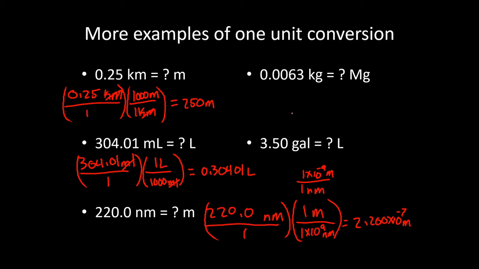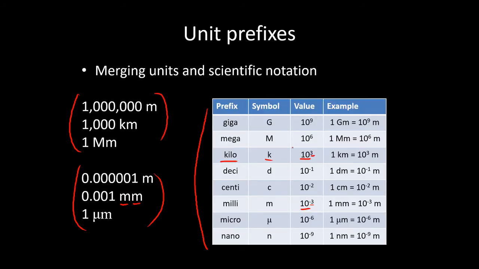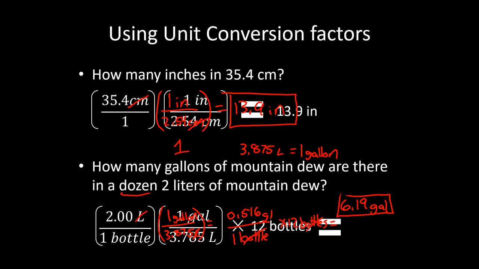Let's do the kilograms to megagrams here. So if we have 0.0063 kilograms, if I go back and look, kilo is 10 to the 3, mega is 10 to the 6, so there are 1,000 kilograms in 1 megagram.